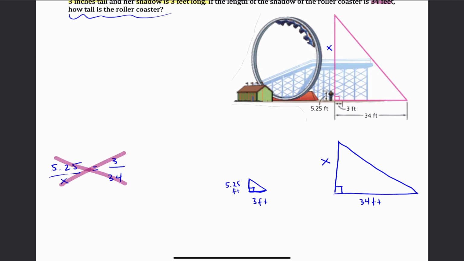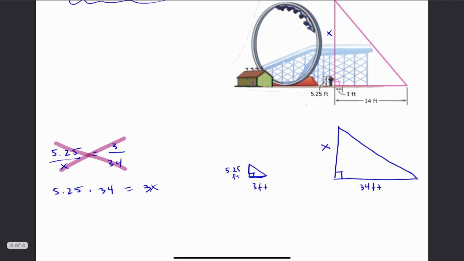Then I'm going to cross multiply, and I have 5.25 times 34, and I equal that to 3x. Then I'm going to simplify, so that's 178.5 equal to 3x, so x is 59.5 feet.